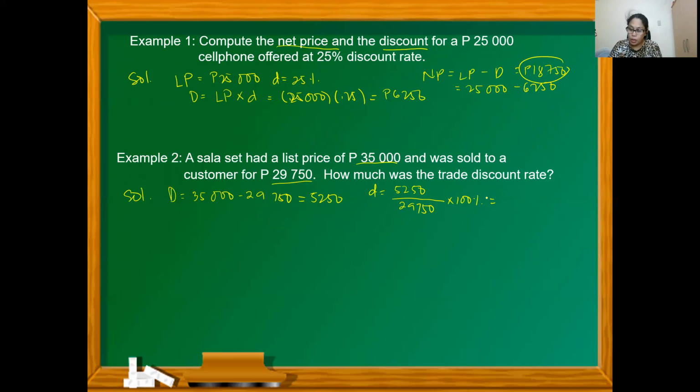So 5,250 divided by 29,750, and then we multiply that by 100%. So we have 65%.